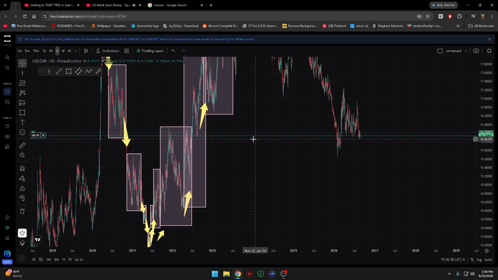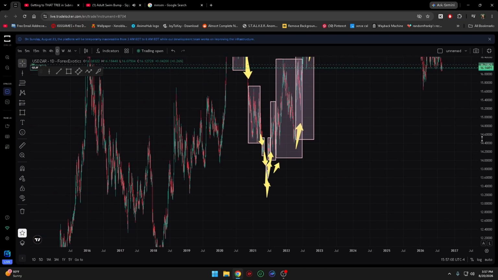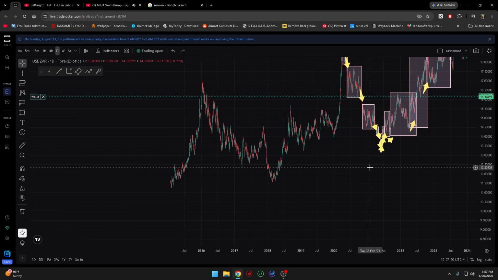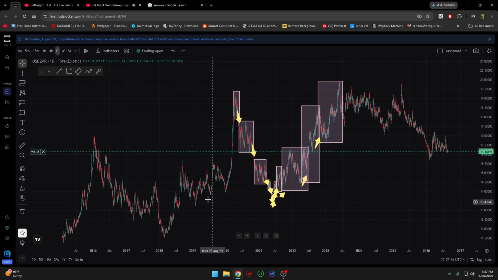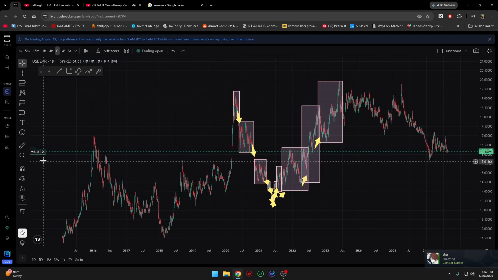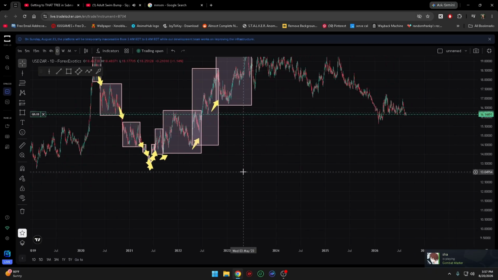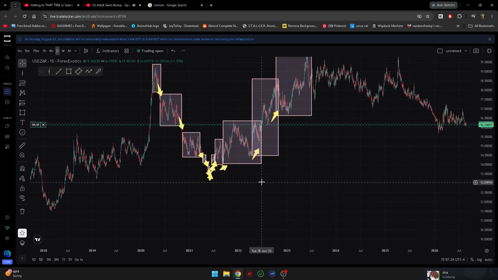Because if you look right here, this is responding to this, so the next area it's going to target is right here. And if that's the case, then the lowest this went was, sheesh.